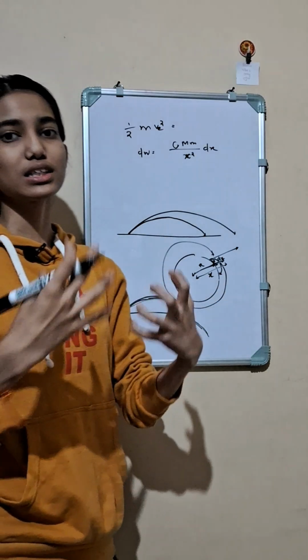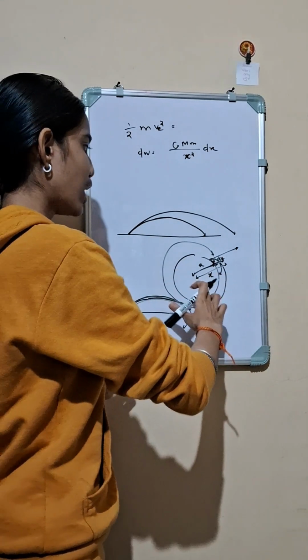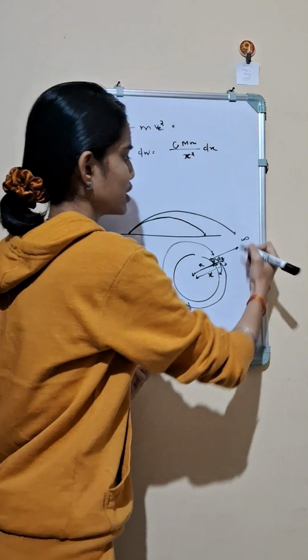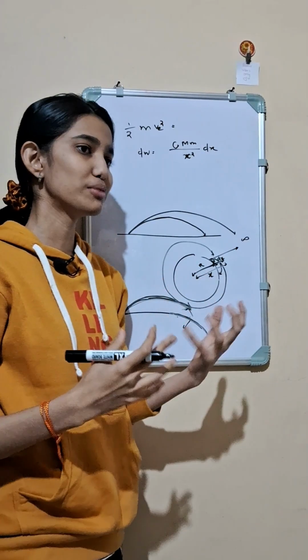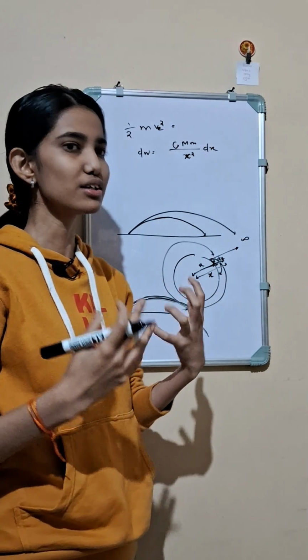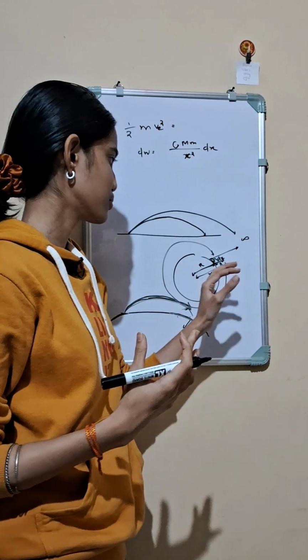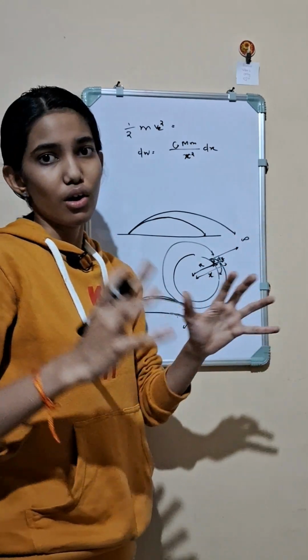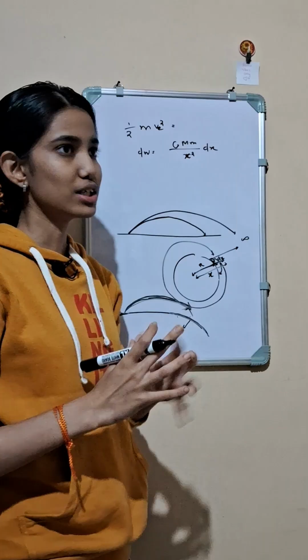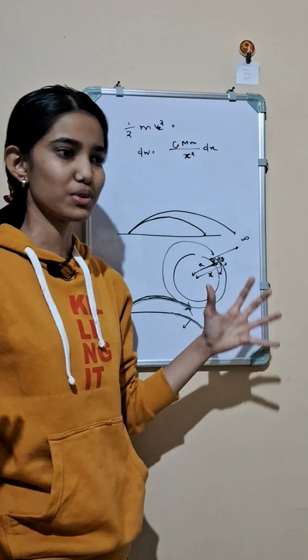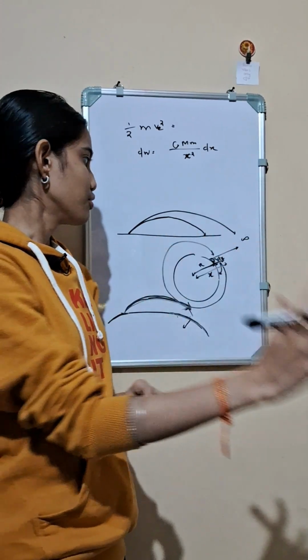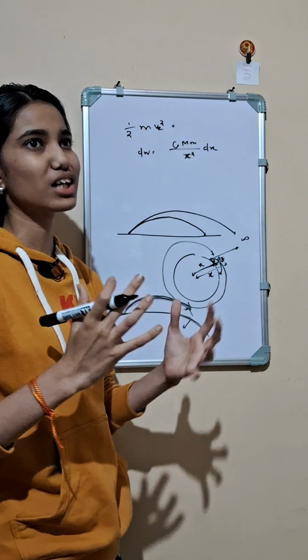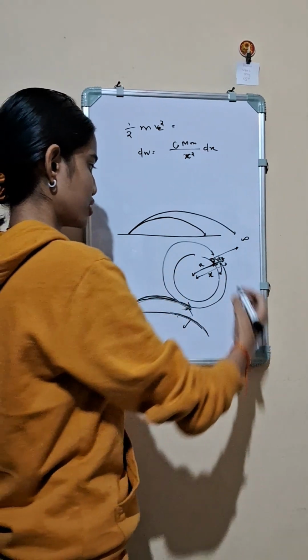When we want to escape from Earth, we have to reach a distance of infinity. I had told you about what infinity is. Infinity means a relative concept, where the distance of the point from the center of Earth is so large for the gravitational force to be experienced.